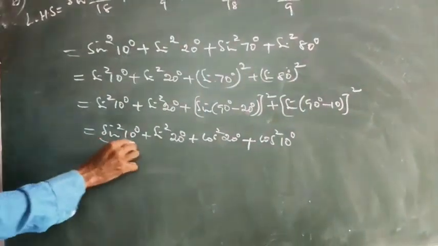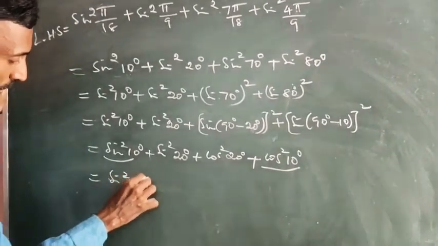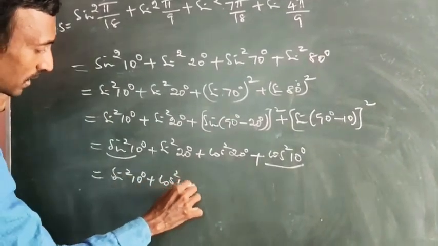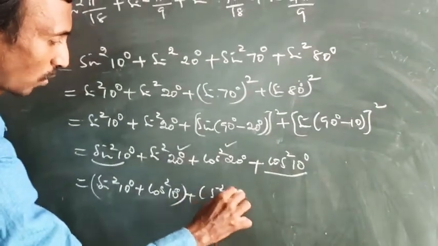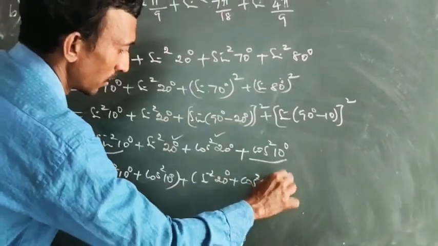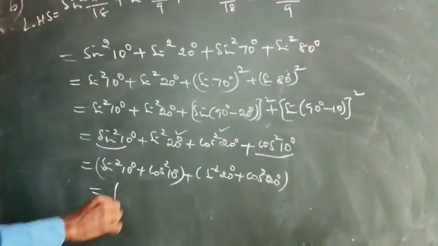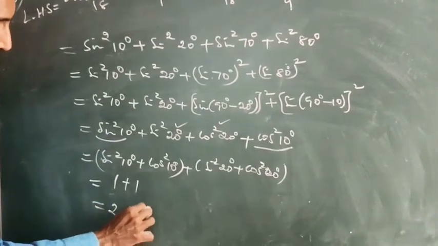Combine sine square 10 plus cos square 10, and similarly combine sine square 20 degree plus cos square 20 degree. Sine square theta plus cos square theta is 1, so 1 plus 1 we are getting 2, that is the RHS.